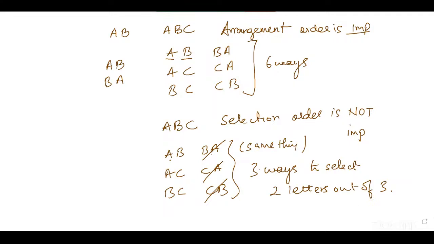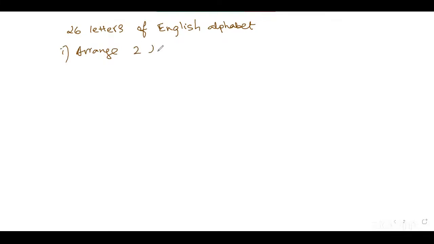Let's look at some more examples. Let's say there are 26 letters of the English alphabet, and you want to arrange 2 letters from 26 letters, and then you want to select 2 letters from 26 letters.